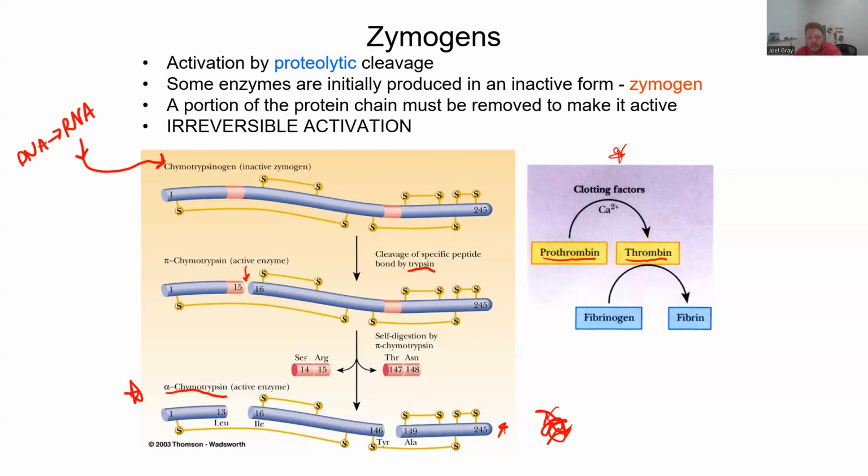And whenever it cuts itself, it cleaves out some dipeptides. It cleaves out a dipeptide of serine and arginine, and it cleaves out a dipeptide of threonine and asparagine. So these red regions within pi-chymotrypsin are simply cut out by itself. It's almost like, hey, I don't need these anymore, gone.